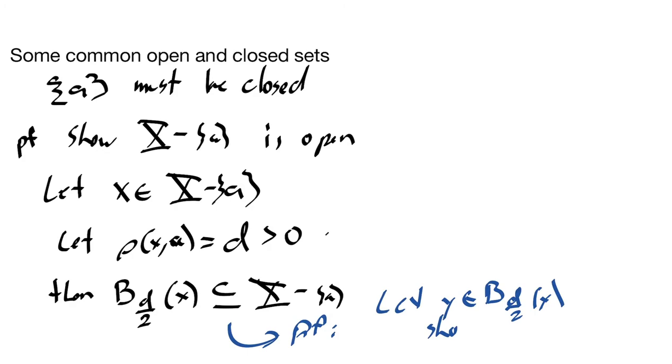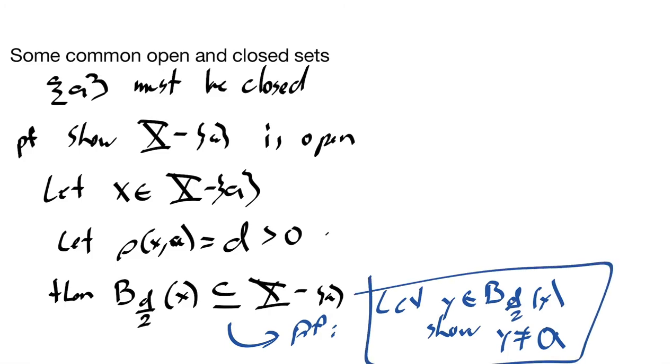That Y must be in X minus A. So I show that Y cannot equal A. The way you might do that is you might show the distance between Y and A is less than D, and so therefore it can't be equal to A. Okay, so this is how you might go about trying to prove something like that.